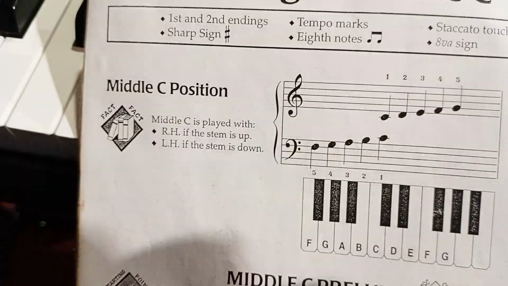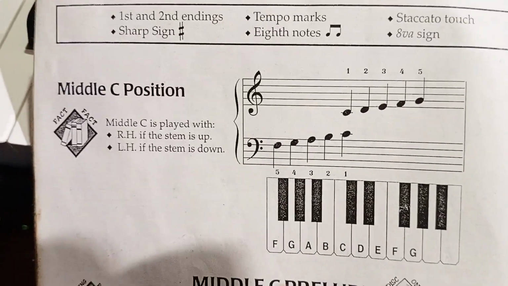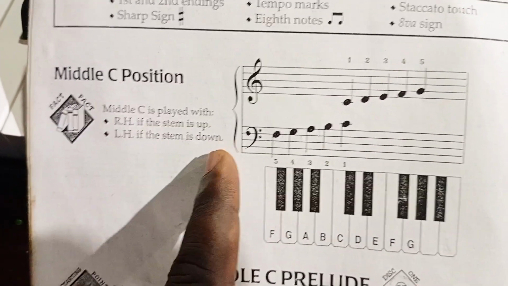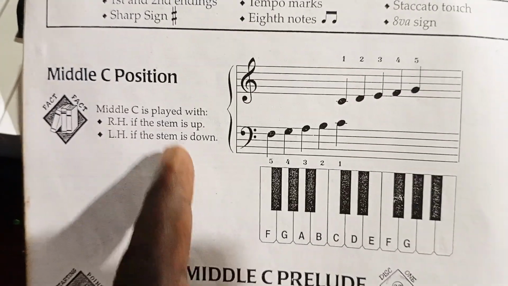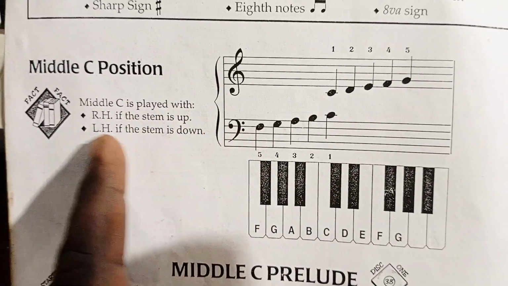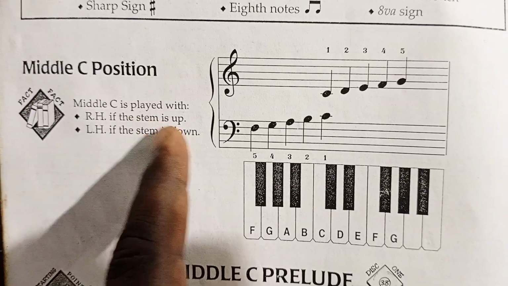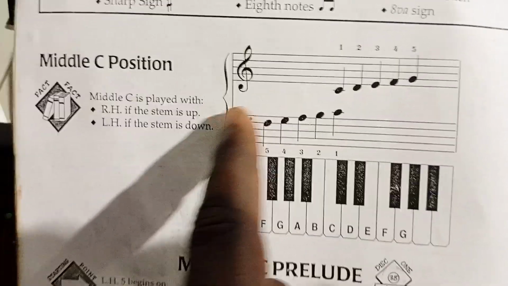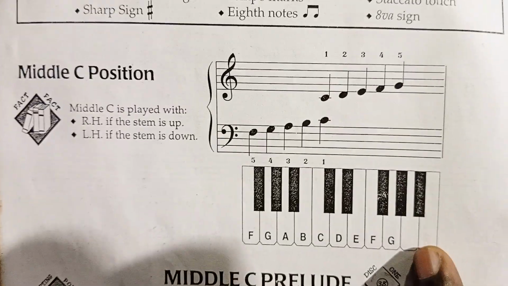The rule in middle C position is that middle C is played with the right hand if the stem is up. So if the stem is up, what is the stem?